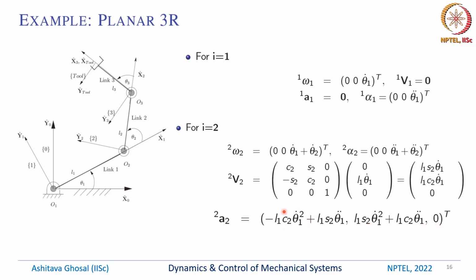Recall this θ1 dot square is similar to the centripetal acceleration. θ1 double dot is the tangential acceleration. There is no Coriolis term in this, and there is no relative acceleration because there is no relative motion happening.